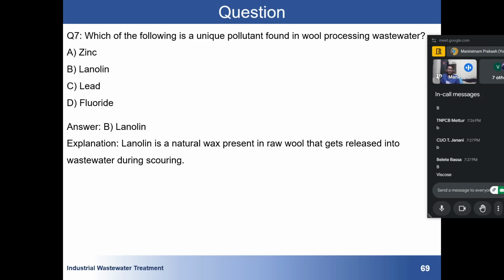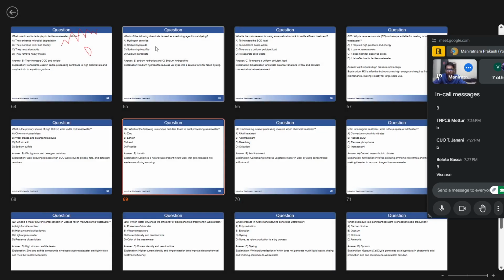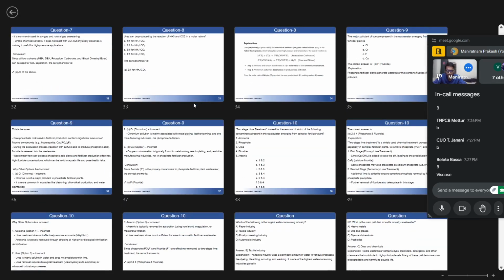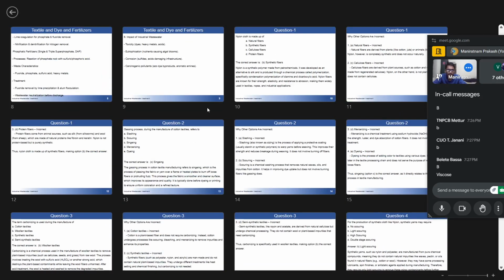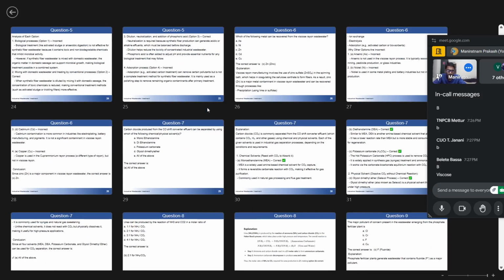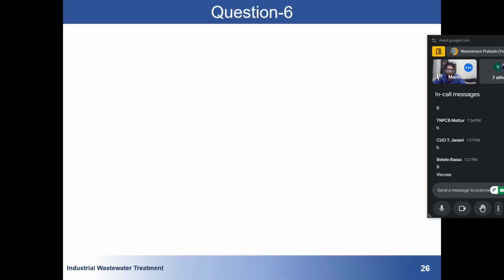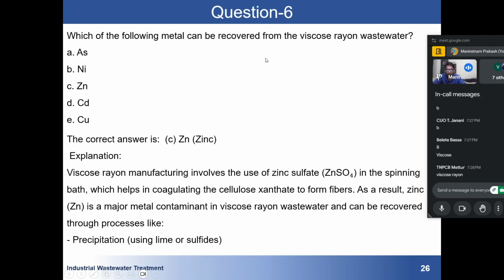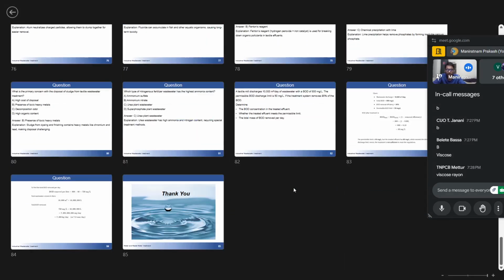In which industry is zinc used? Yes, we have seen that zinc sulfate is used in viscose. There was one question on zinc. Correct. Here zinc sulfate is used, that's why a huge amount of zinc is produced.